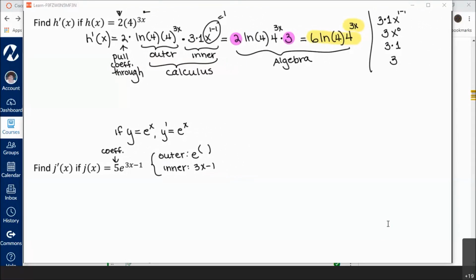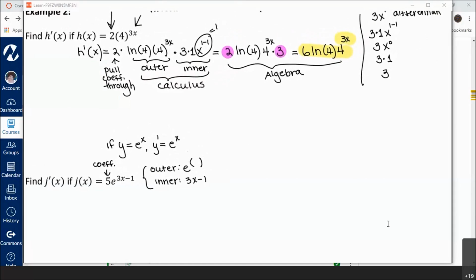The inner function is the linear 3x minus 1. Okay, let's wait another minute or so.